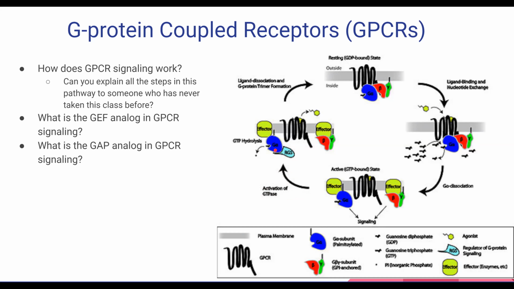The G alpha is a GTPase anyway, so it's going to be hydrolyzing the GTP on its own, but at a much slower rate. When RGS comes in, it's going to speed that process up and allow the GTP to hydrolyze much faster into GDP, which is basically going to bring you back to where you started. It's going to deactivate the G alpha, cause it to join with the other 2 again, and then that just starts off the whole pathway again.